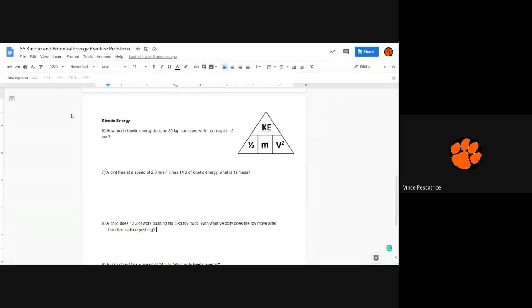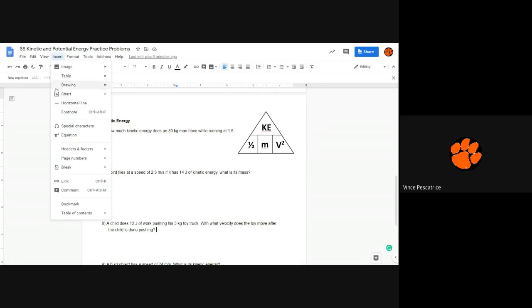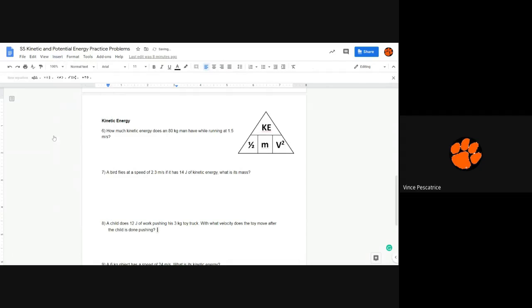You go to Insert, Equation, and you can start typing. So KE divided by, you could do 0.5 for 1/2 times the mass, which was 3. That'll help you do some equations in there.